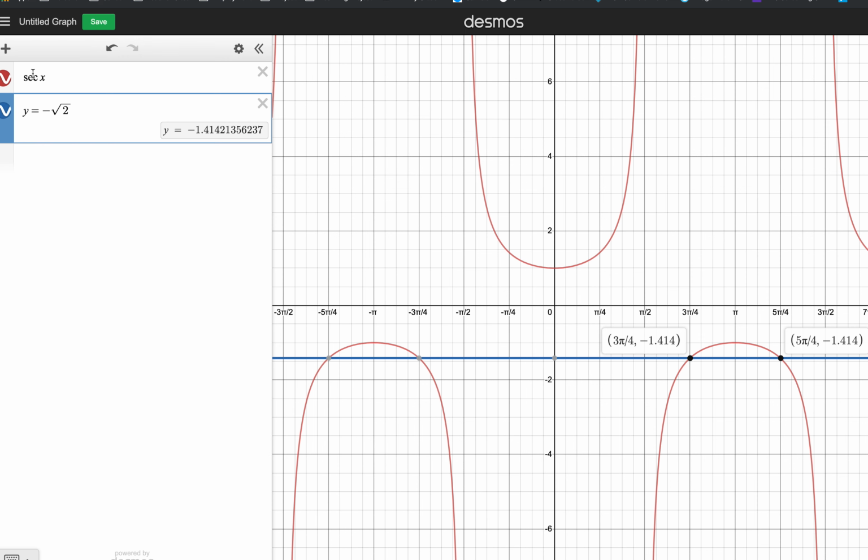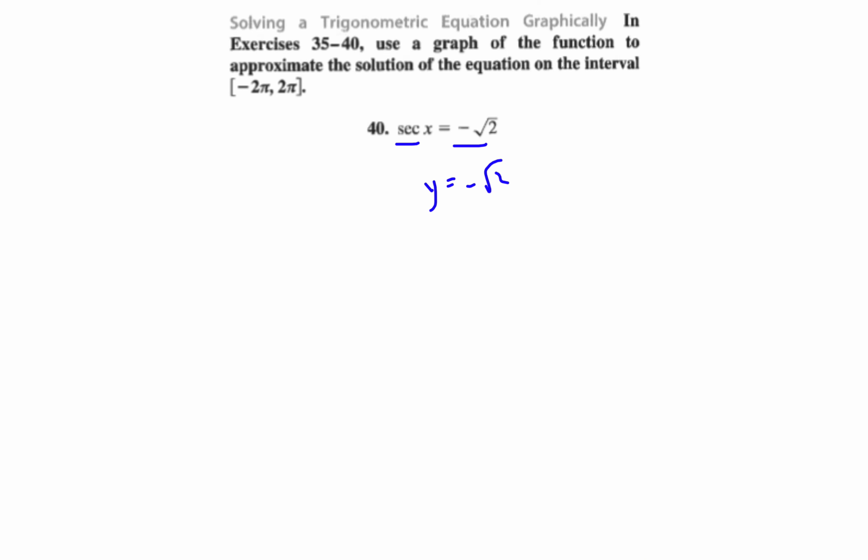So I've got secant x, right? And I've got y equals negative √2, which means that's happening at 3 pi over 4 and 5 pi over 4. So it makes sense that there would be 2 solutions between, well, what exactly are they asking for? They want, approximate solution of the equation on the interval from negative 2 pi to 2 pi.